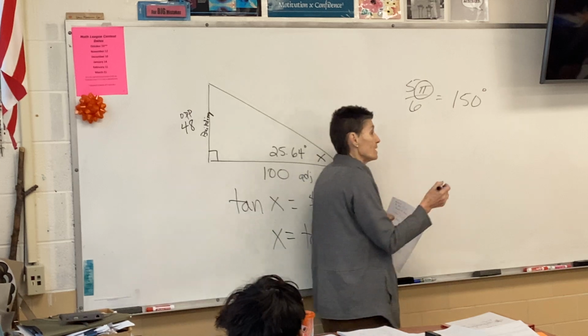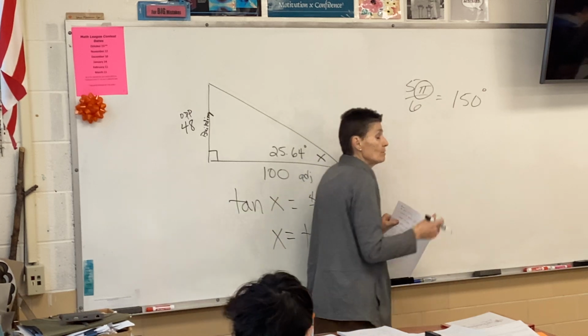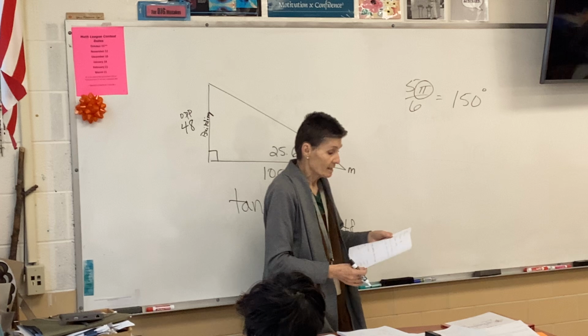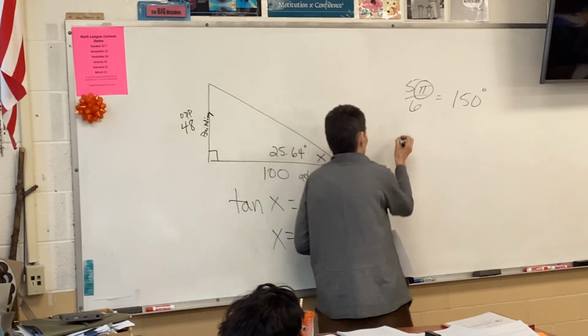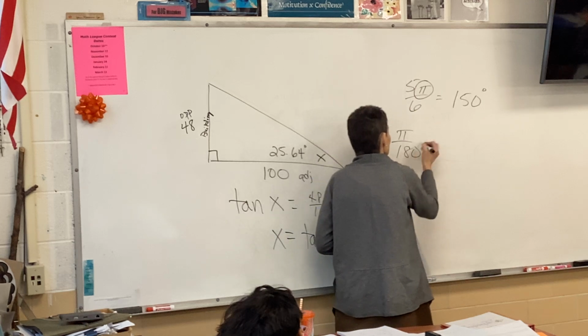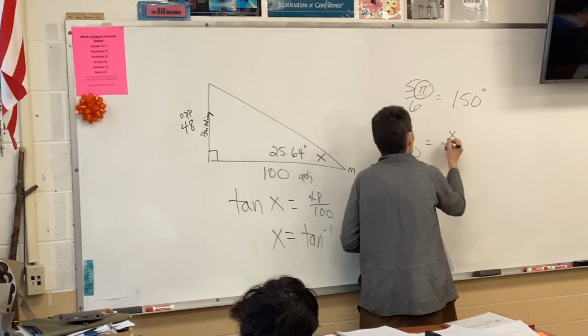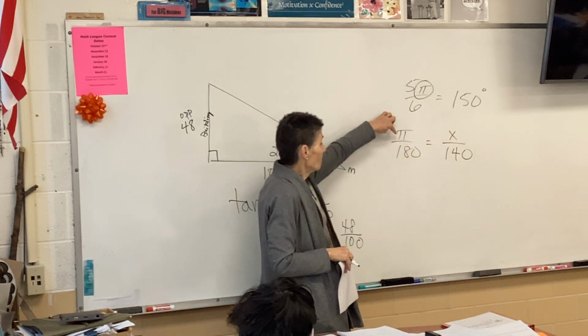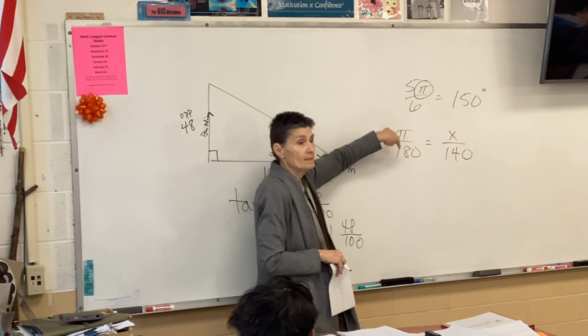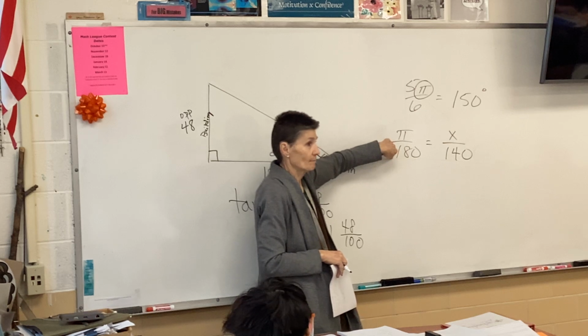Now, how do we go the other way? How do we change 140 degrees into radians? Who remembers that? Derek? Pi over 180. Pi over 180 equals? X over 140. X over 140, that's exactly right. Pi radians is 180 degrees.